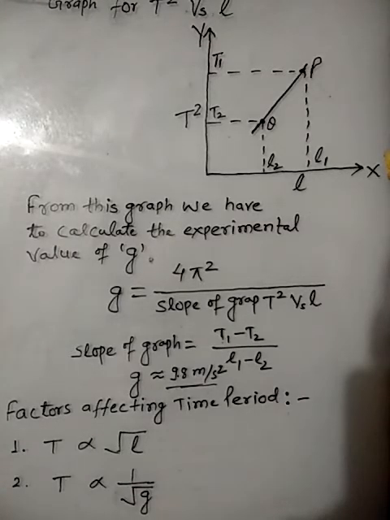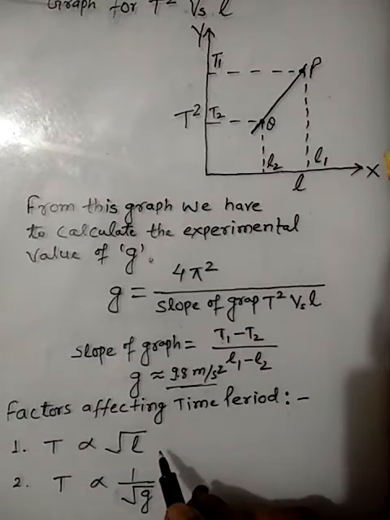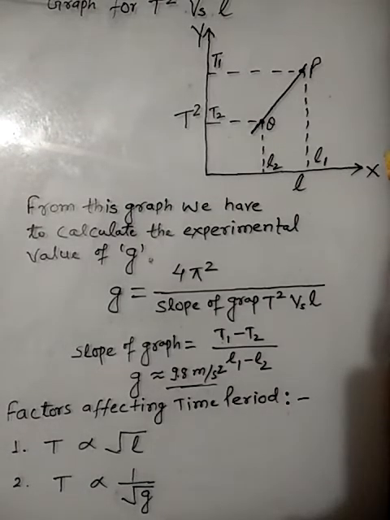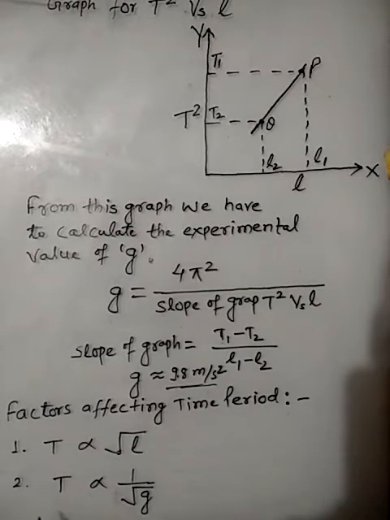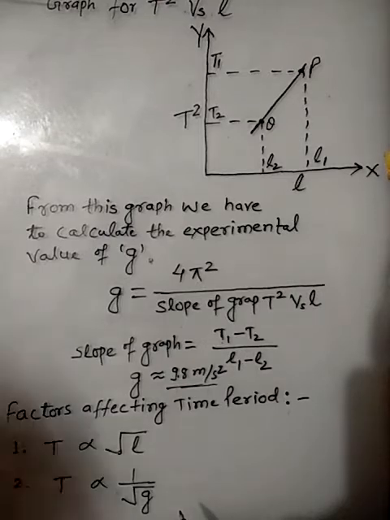After various experiments performed on the simple pendulum, it was found that mainly two factors affect the time period of oscillation. First one is the length of the string, and second one is acceleration due to gravity, represented as small g. Time period of oscillation is directly proportional to the square root of the length of the string, and the time period is directly proportional to 1 by square root of acceleration due to gravity, or we can say that the time period is inversely proportional to the square root of g.